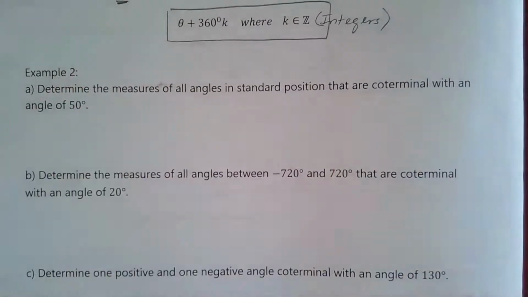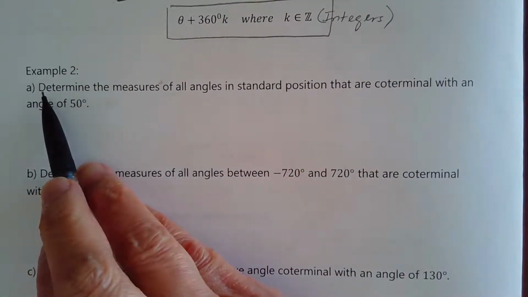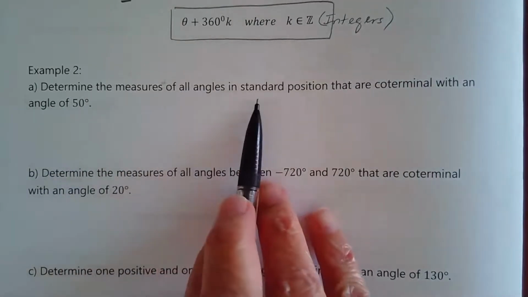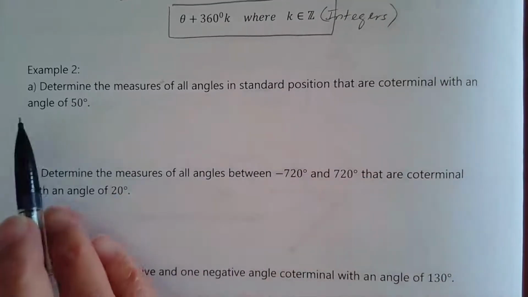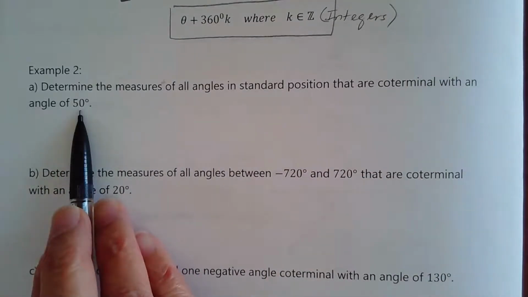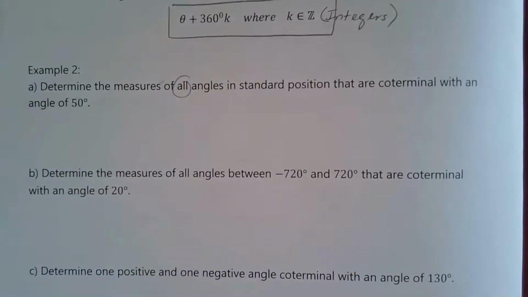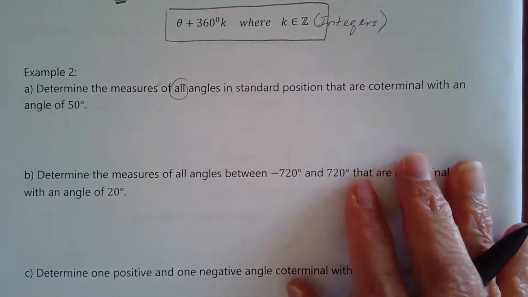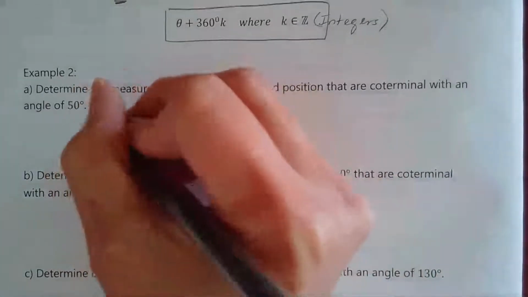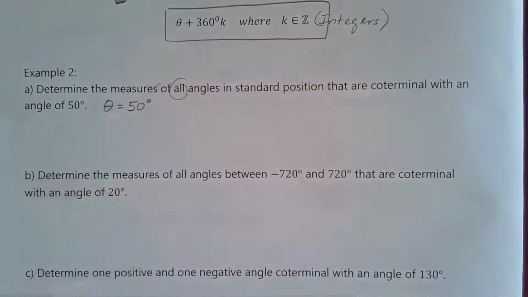So let's take a look at example number 2. Determine the measures of all angles in standard position that are coterminal with 50 degrees. So all angles, so it's going to be our theta. Here is 50 degrees.